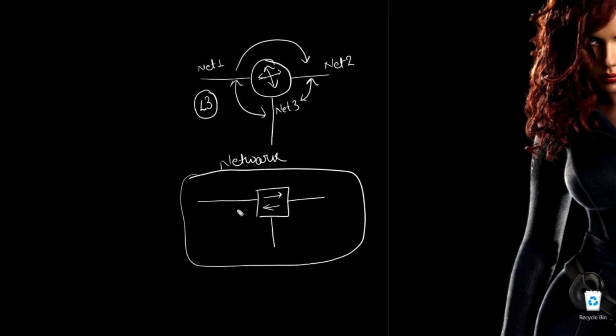What the switch does is, within the same network, it sends the packet on the same VLAN. Let us suppose this is on VLAN 1 and this is also on VLAN 1, then it will send the traffic. But if two ports are in VLAN 2, then they will communicate with each other. So that's what is happening in layer 2 and layer 3. These are the functions of the switches and the router.